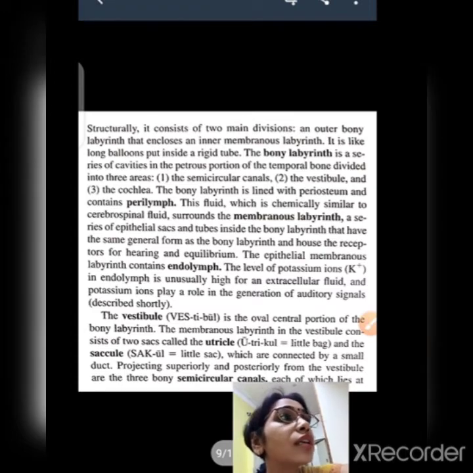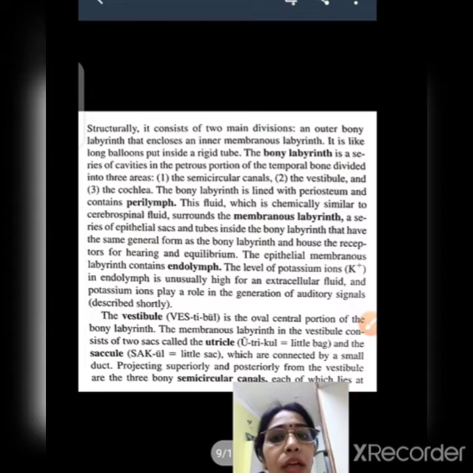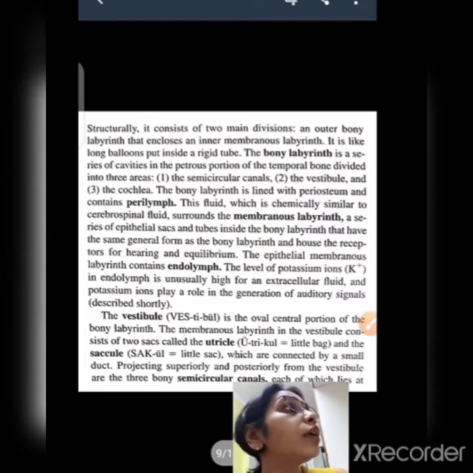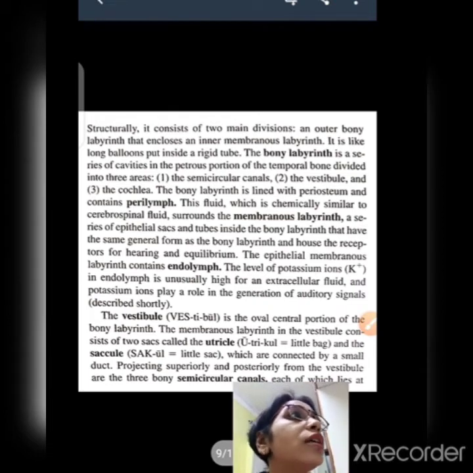These structures are connected to the vestibule by the semicircular ducts. Now, the vestibular branch of the vestibulocochlear nerve consists of ampullary, utricular, and saccular nerves.